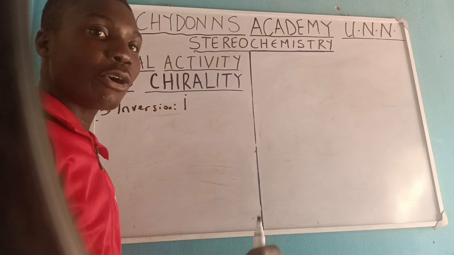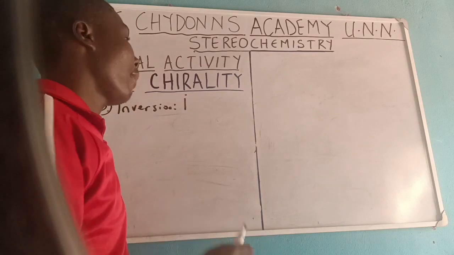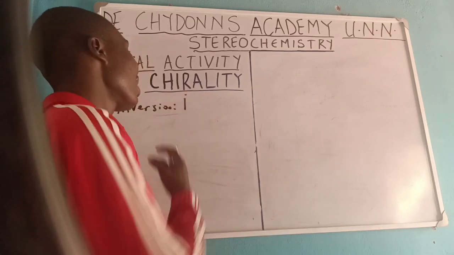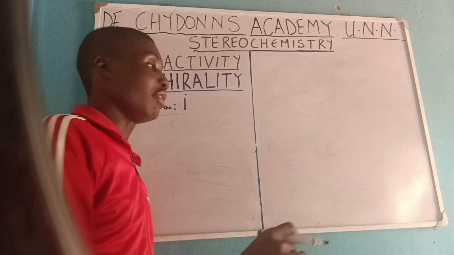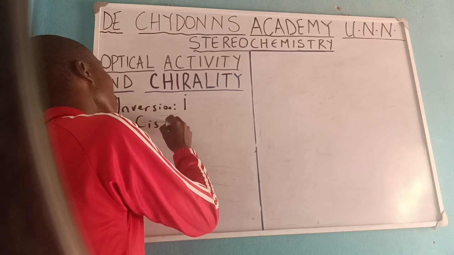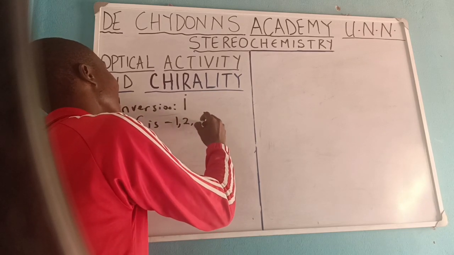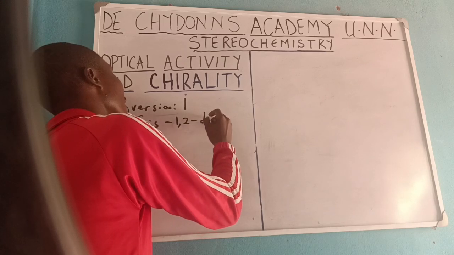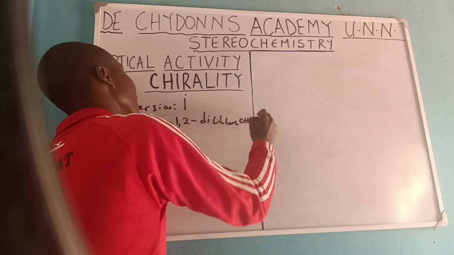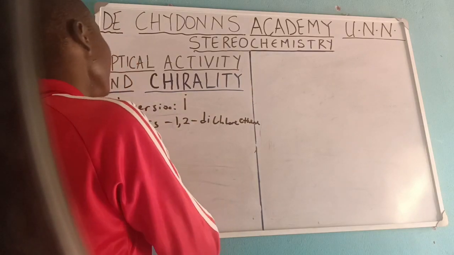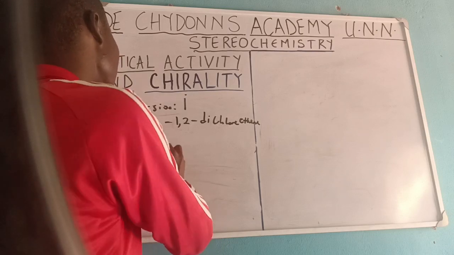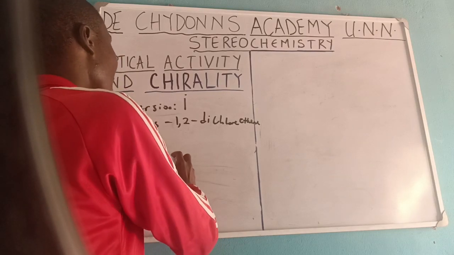So for clearer understanding, because I understand that practical examples will help you understand the concept much more effectively, we are going to be working with 1,2-dichloroethane, and then we're going to be working with the trans version of it. So let me draw dichloroethane for you to understand that better.